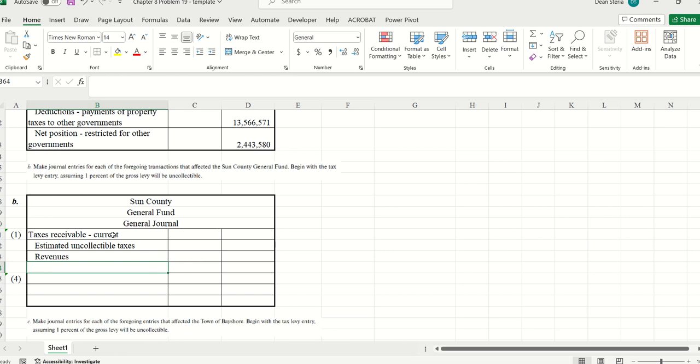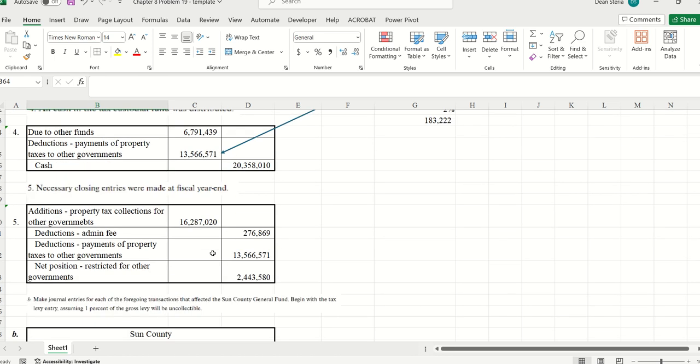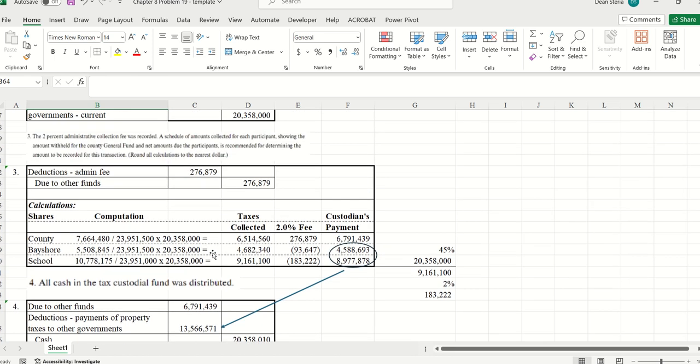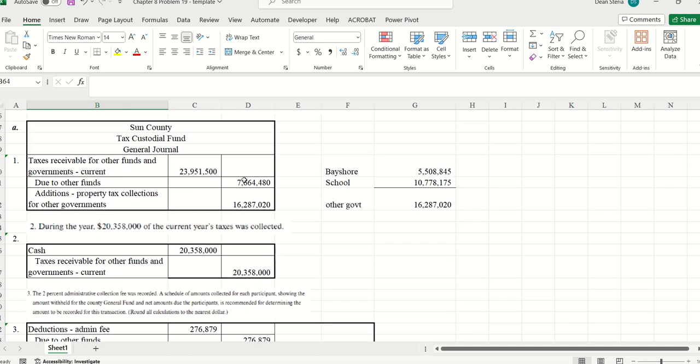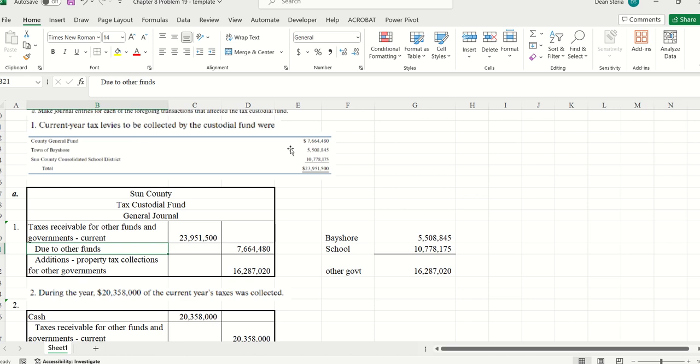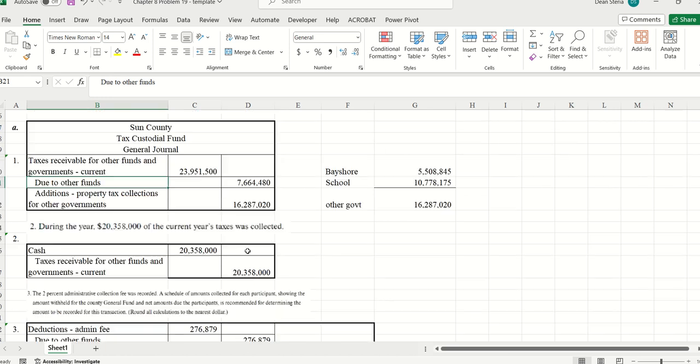Okay, so our taxes receivable comes from right here. So that's 766,480, which again comes right from the chart they gave us.